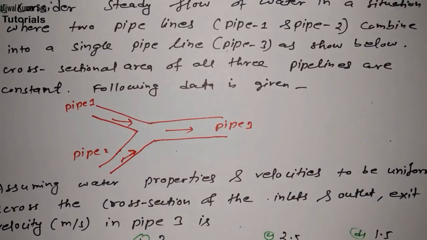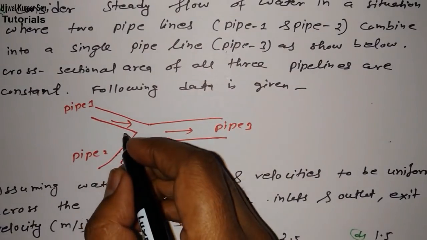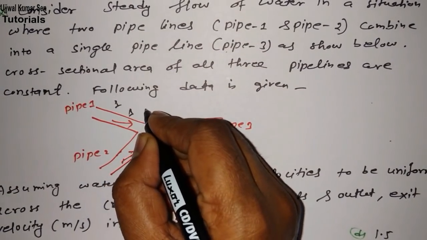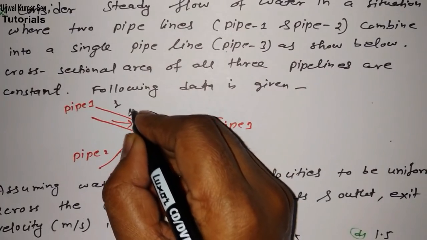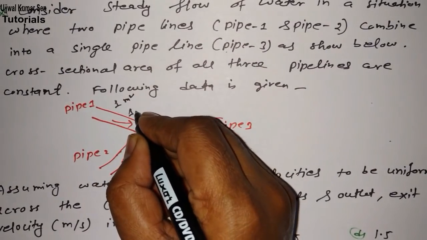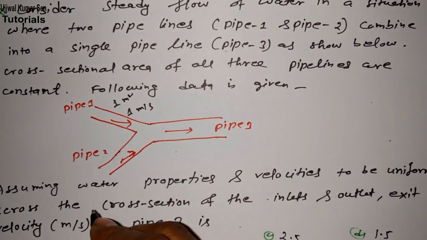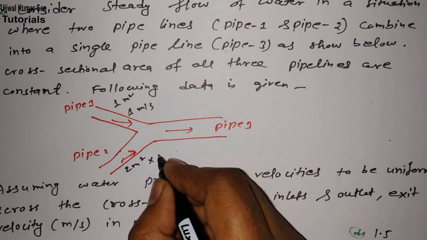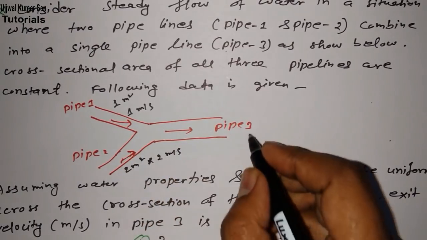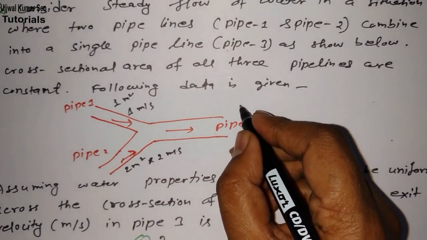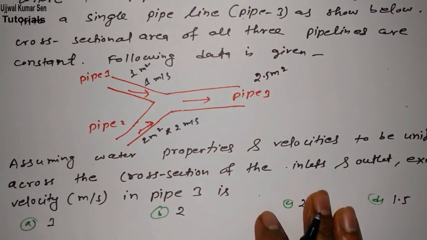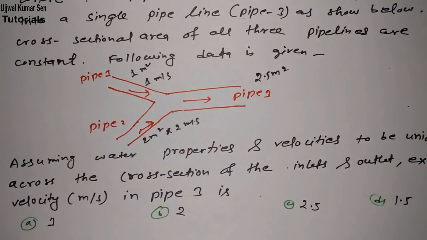I haven't written the data because I do not have space, but for pipe 1, its area is 1 meter square and its velocity is 1 meter per second. For pipe 2, its area is 2 meters square and velocity is 2 meters per second. And for pipe 3, the area given is 2.5 meters square.